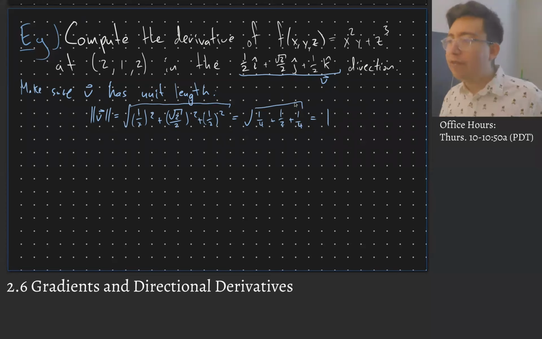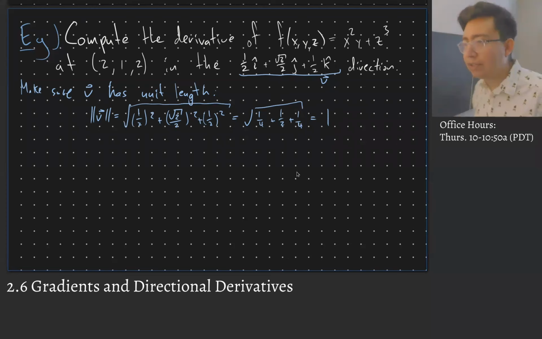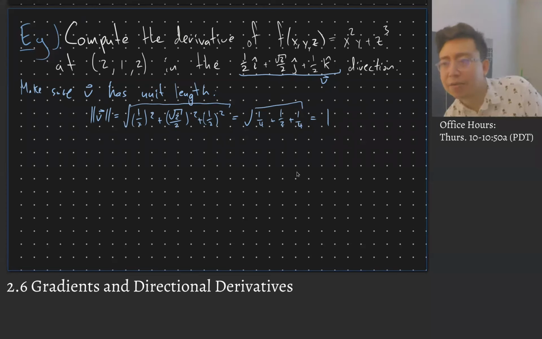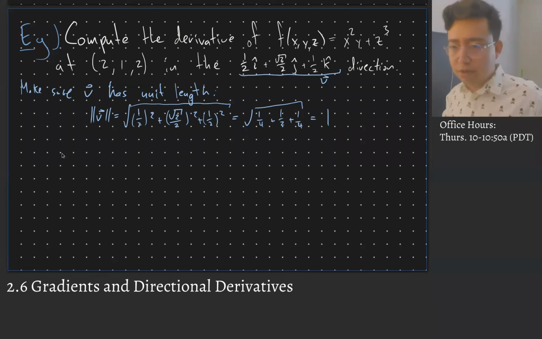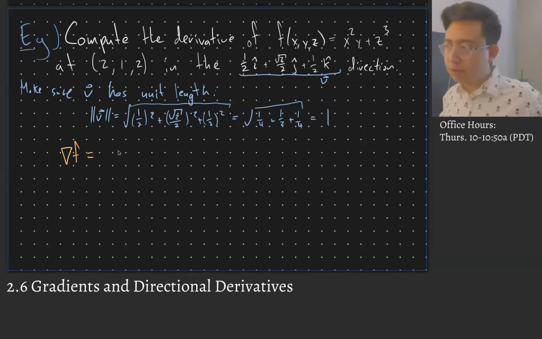Now that we've made sure that this is a normal vector, we're going to compute the gradient. The gradient of f is equal to the derivative with respect to x, which is 2xy, then the derivative with respect to y, which is just x squared, then the derivative with respect to z, which is 3z squared.